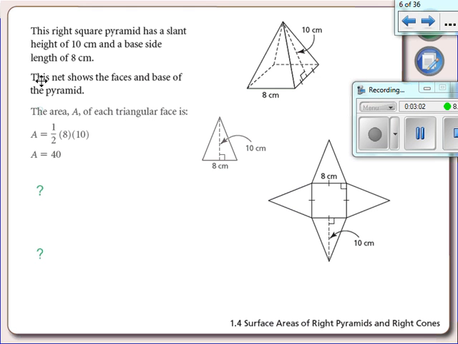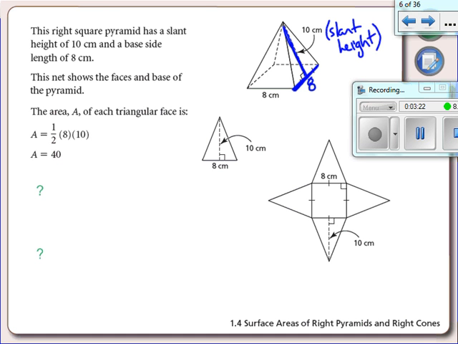So if I was to go ahead and try and find the area of this triangle, I know that the base along here is going to be 8, and the height of the triangle, which happens to be the slant height, is what? 10.